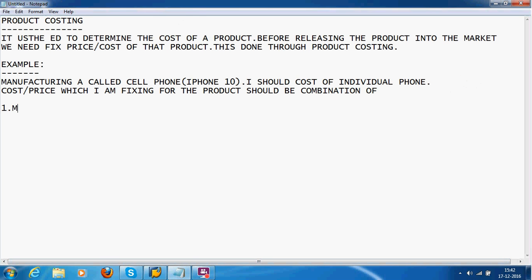It should include material cost. Material cost should be included. The second one is machinery cost, which should be included.